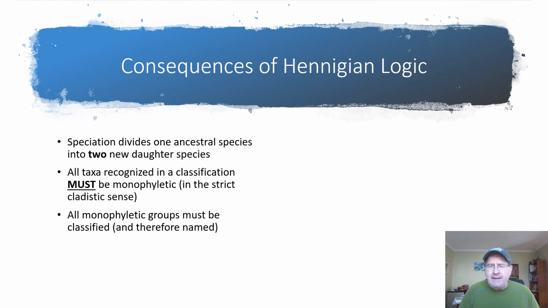But according to Hennig, according to his principles, all the taxa that you end up recognizing in your formal classification that's derived from your cladogram, all the taxa that are formally recognized must, and I put this in boldface, all caps, underline, I guess I should have done italics as well and put it in red, they must be monophyletic.